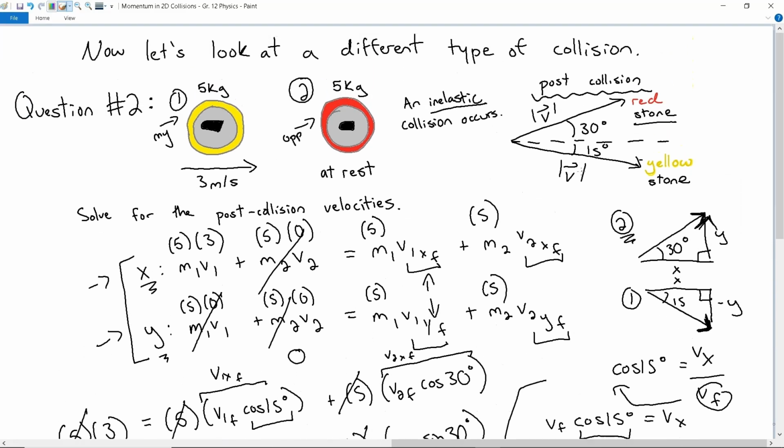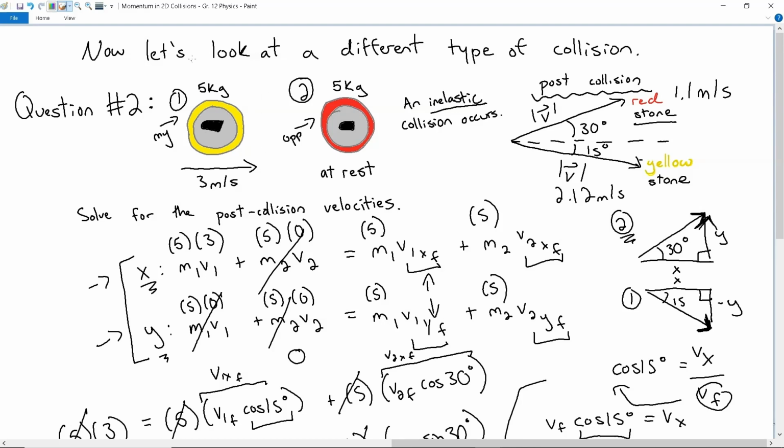I know just from doing the rest of this problem that the second velocity will be, let me check my notes, roughly 1.1 meters per second. So our yellow stone is going at 2.12 meters per second, east 15 degrees south, and our red stone is going 1.1 meters per second, east 30 degrees north.